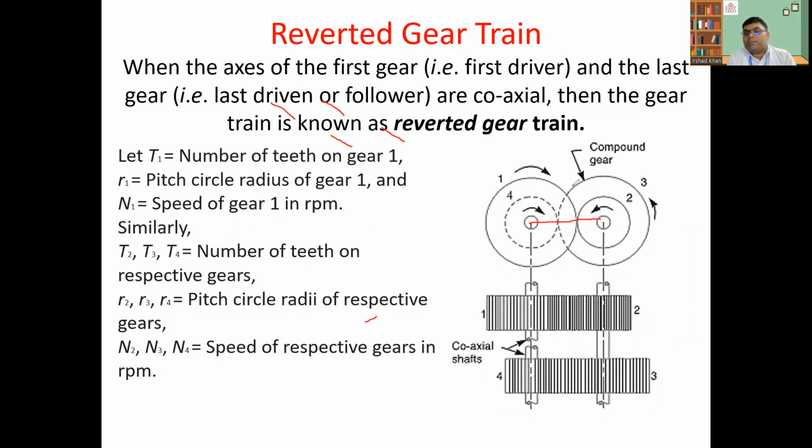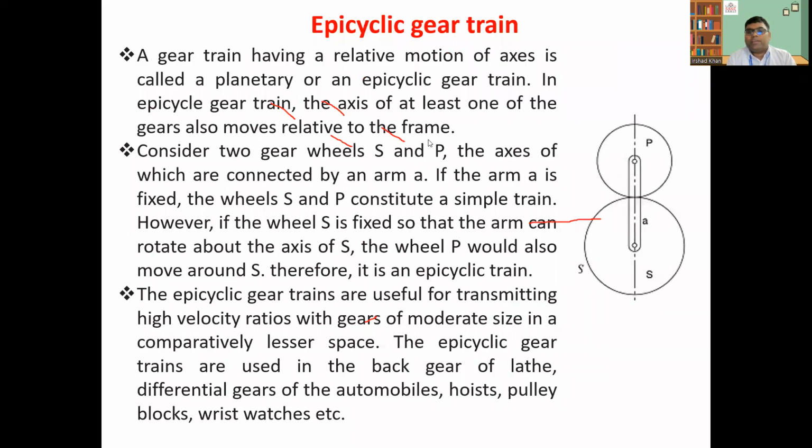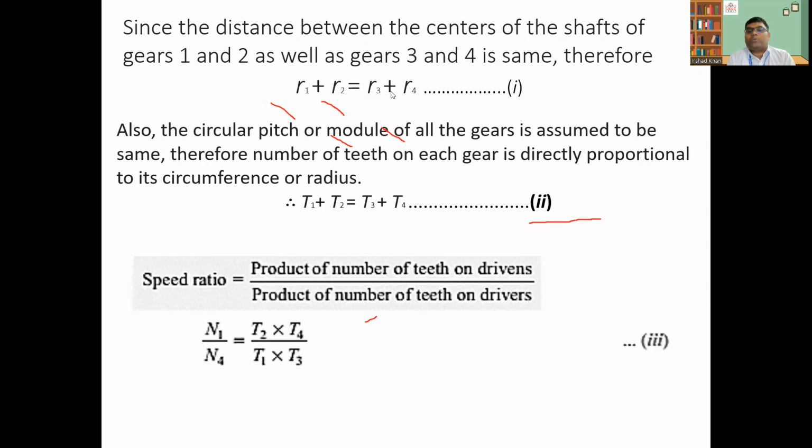Similarly, gear 3 is connected to gear 4, so the radius of 3 which comes to here and of 4 which comes to here would be R3 plus R4. In short, this distance is constant for both, so we can say R1 plus R2 equals R3 plus R4. Also, the circular pitch and module of all the gears are assumed to be the same.